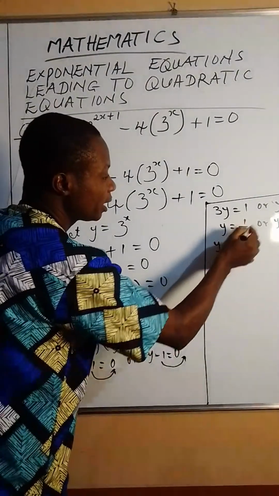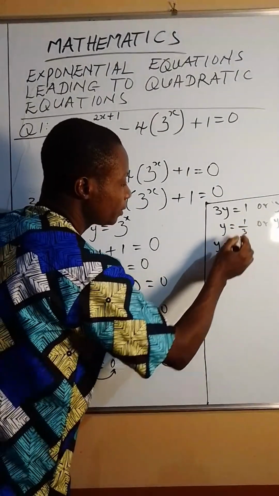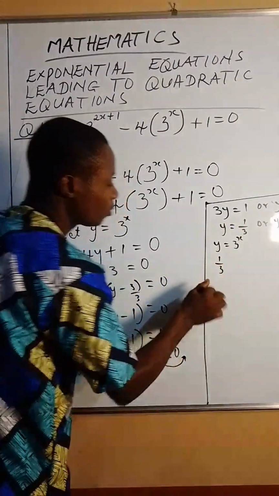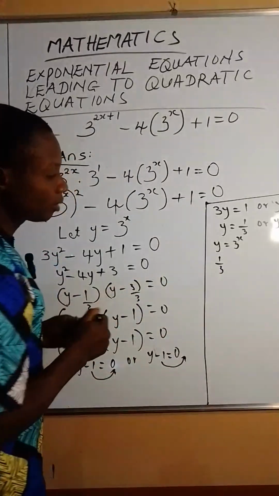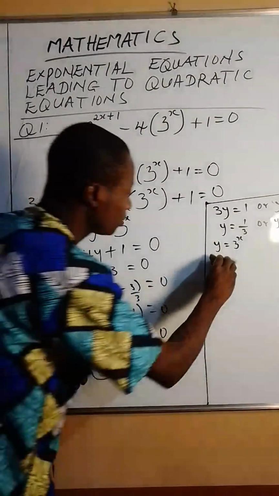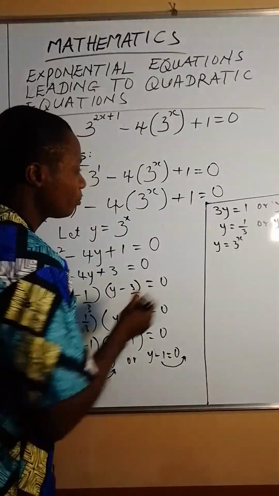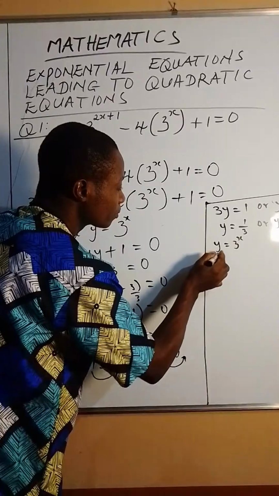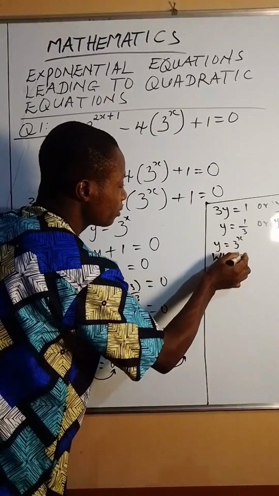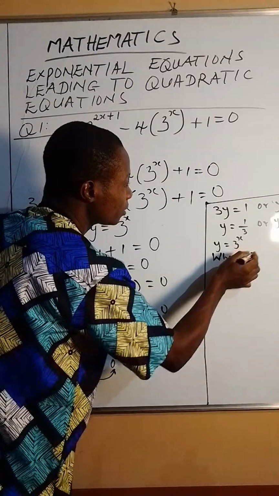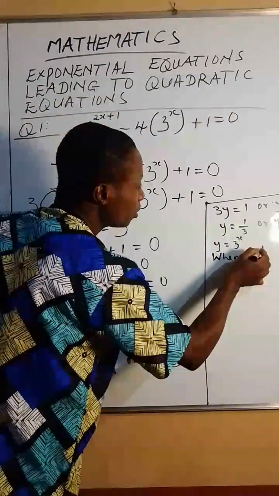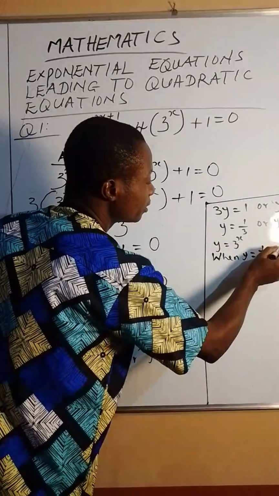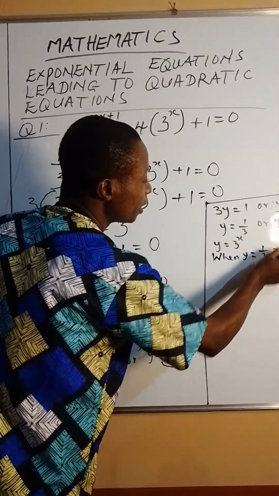So in this case, just look at what I'm going to do here. Since y equals 3 raised to x, when y is equal to 1 over 3, 1 over 3 is the same thing as 3 raised to the power minus 1.